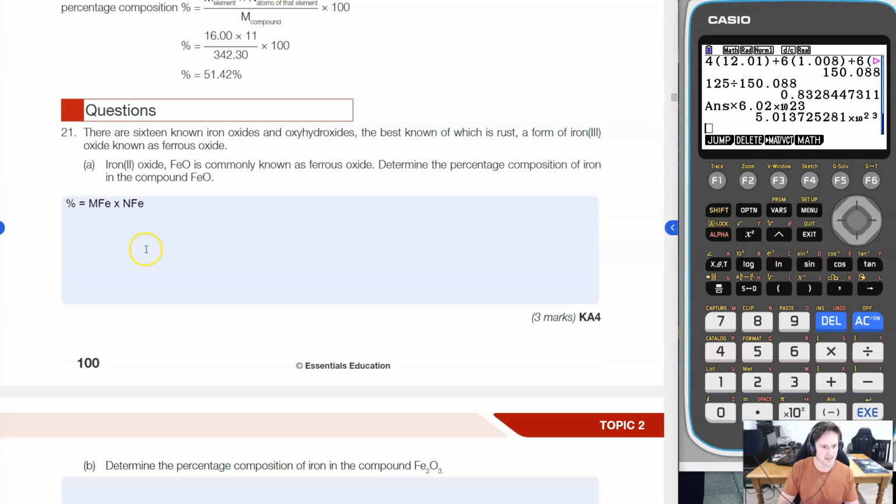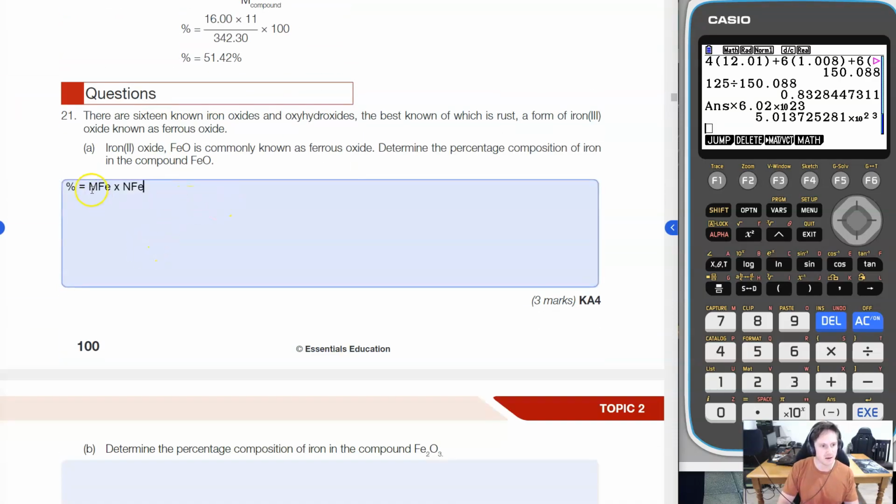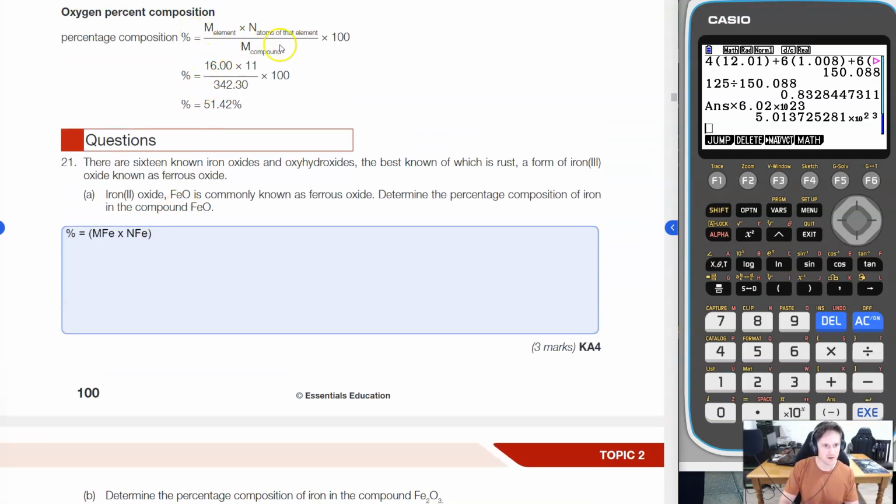It's kind of the same down here. It's the number of atoms of Fe. Now I'm going to put it in brackets because I can't write it all over like this, all over the molar mass of FeO.